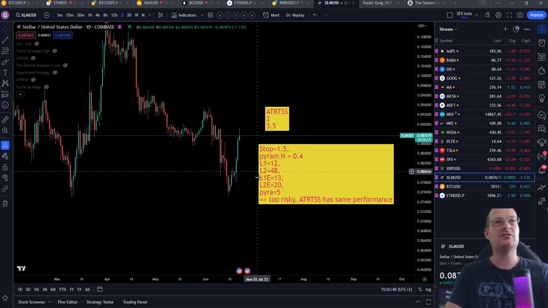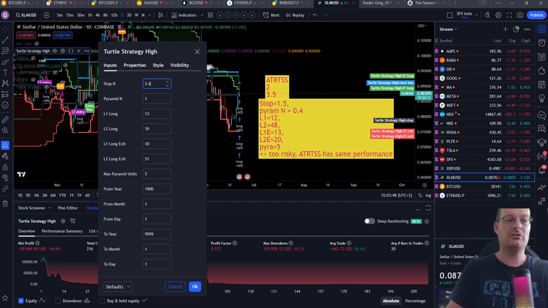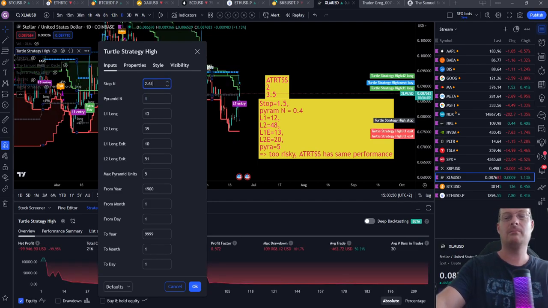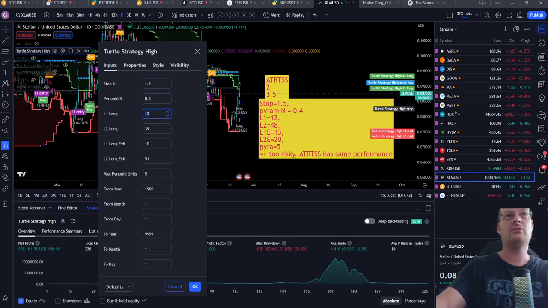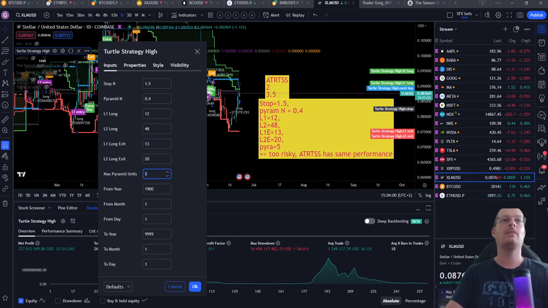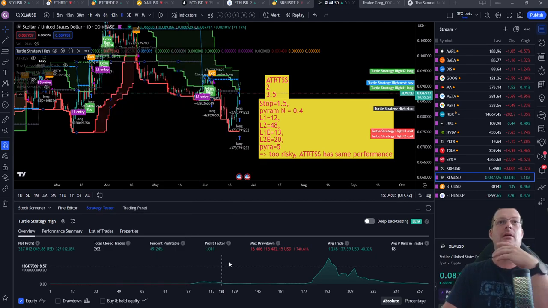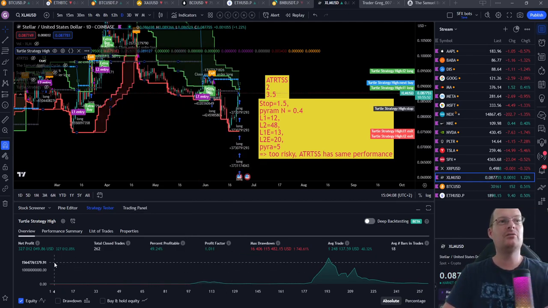If you do your backtesting, you will find out with Turtle Strategy, if I fill those in, sorry, we have 1.5, 0.4, 12, 48, 13, 20, and we allow 5 times pyramiding. Then we end up with a net profit of 327,000%, but when we look at max drawdown, 1,740%.